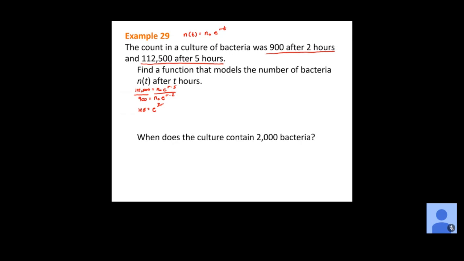Now, at that point, since we've canceled out N sub 0, now we can actually solve for r. So what are we going to have to do to both sides to get r by itself? Natural log, perfect. So take the natural log of 125. And then if we take the natural log of e to the 3r, what's that going to give us on the right-hand side?